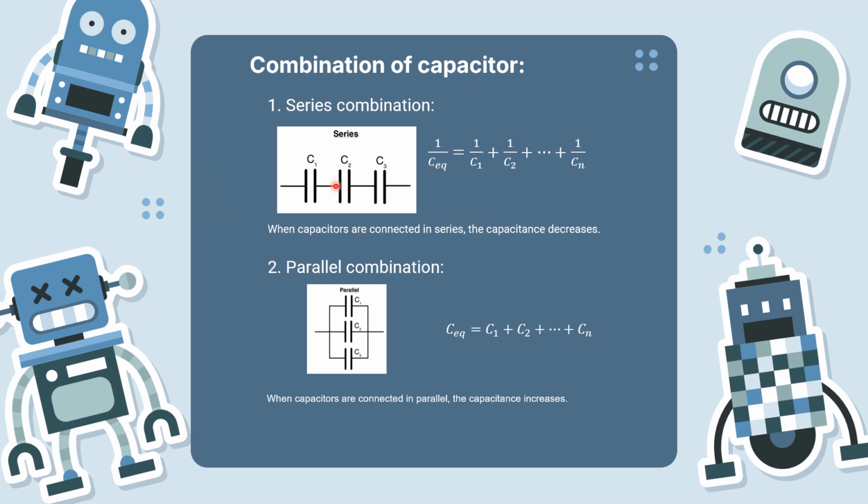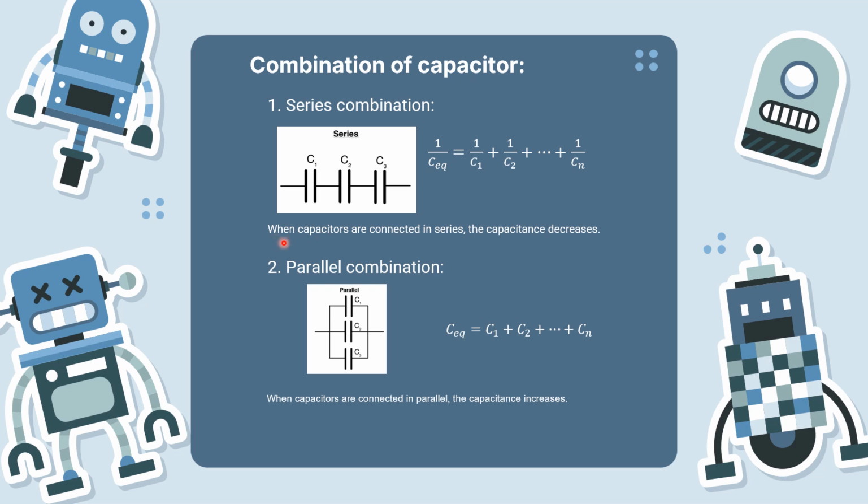In series combination we add them in reverse, whereas with resistors we add them directly, and in the parallel combination we just add them together, whereas with resistors we add them in reverse.